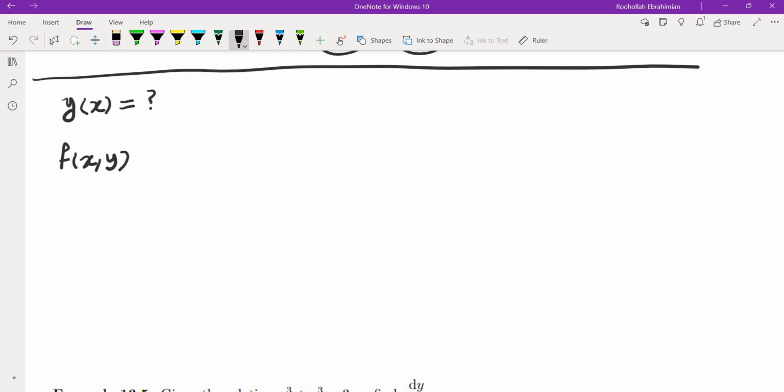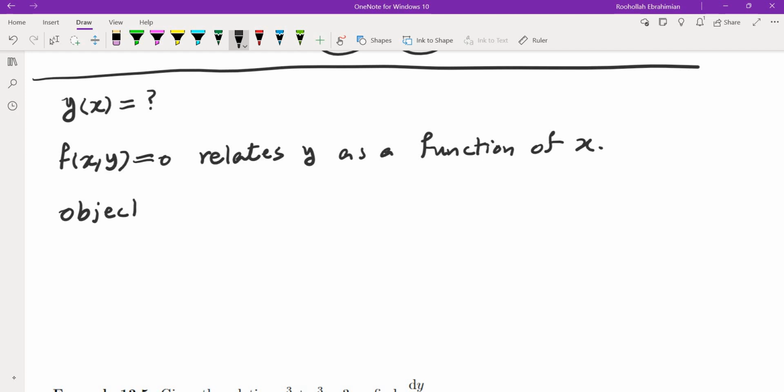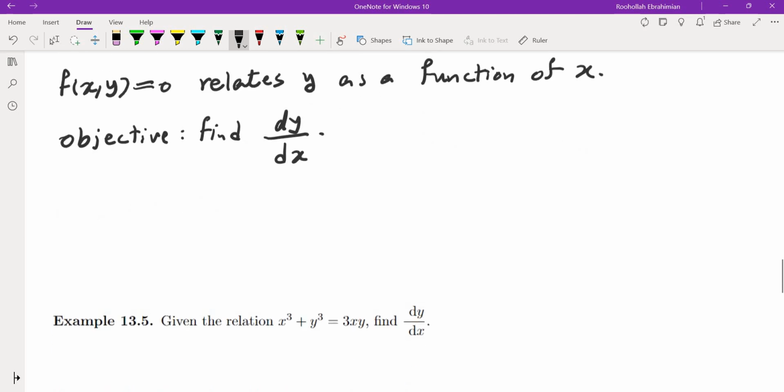So this f of x and y equals 0 relates x and y, where y is a function of x. So now the objective is to find the derivative of y with respect to x. Okay, so how do we do that?